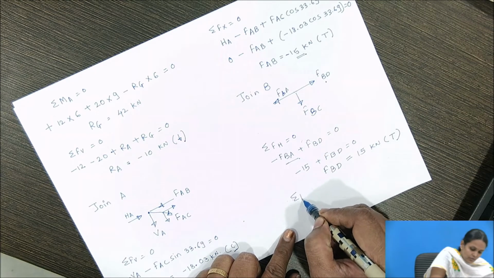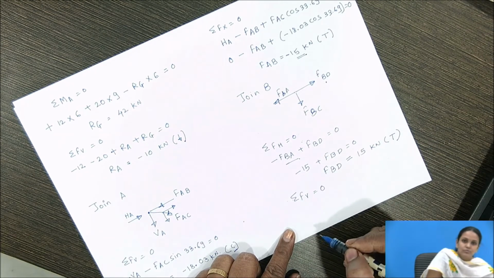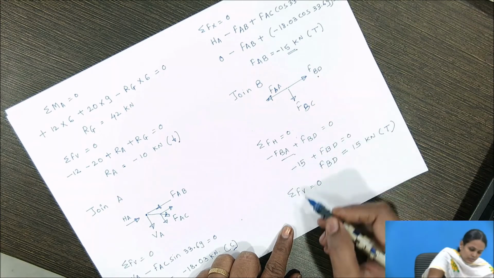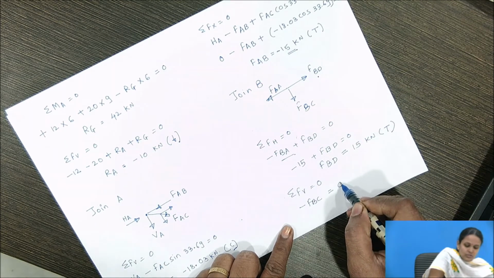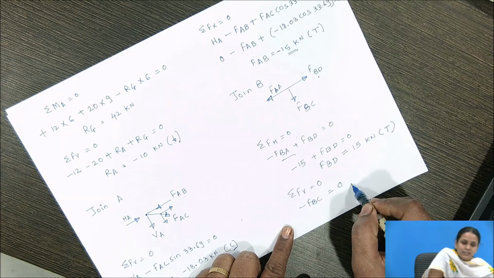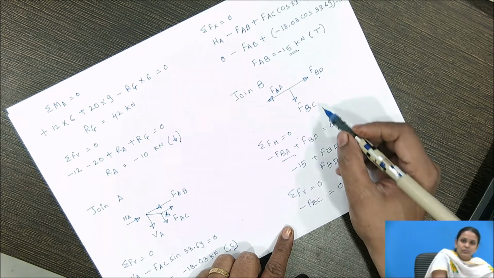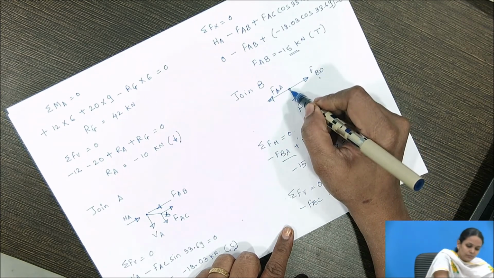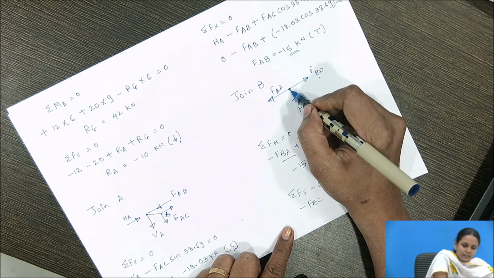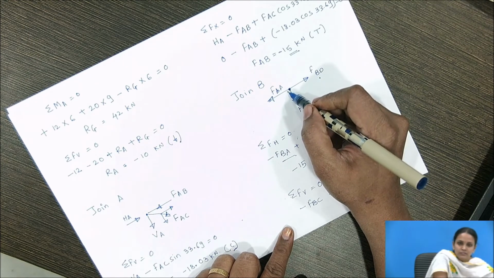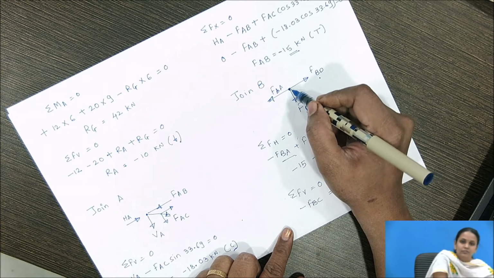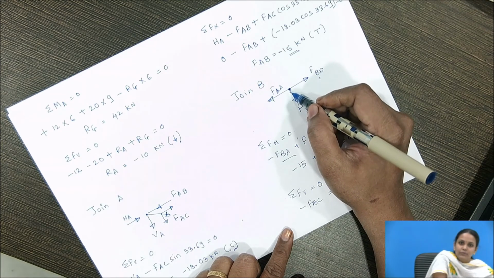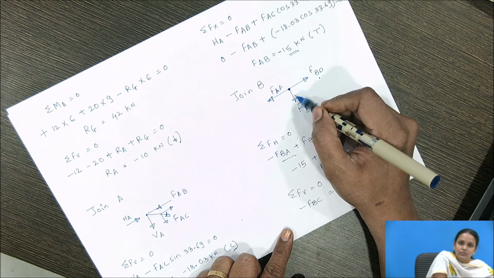Then sum of vertical forces is equal to 0. So what are the vertical forces? It is minus FBC is equal to 0. So what it means, as I told, if we don't have an external load acting at a joint and two members are parallel to each other, in that case we will find the third member, which is not a parallel member, is a zero force member.